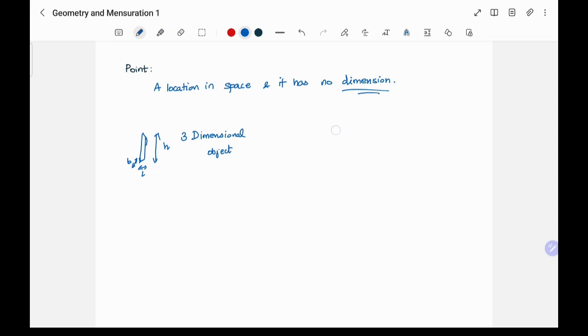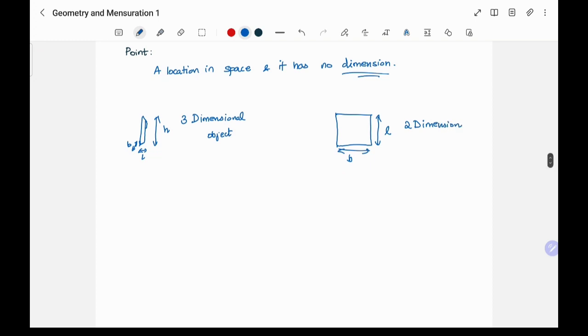Suppose you just have a paper. The depth of the paper or height of the paper is very less, so we can ignore that. So then we say there are only length and breadth. So we can say it is 2-dimensional. If you take just one straight line, it is 1-dimensional.